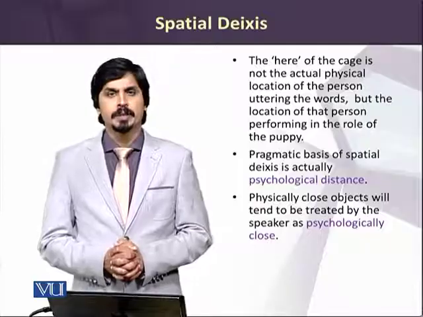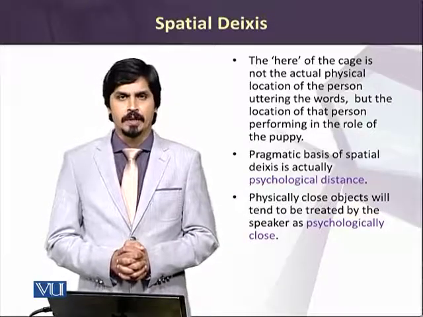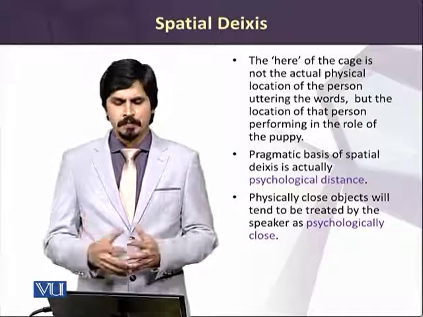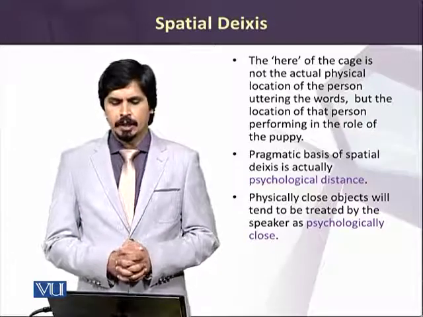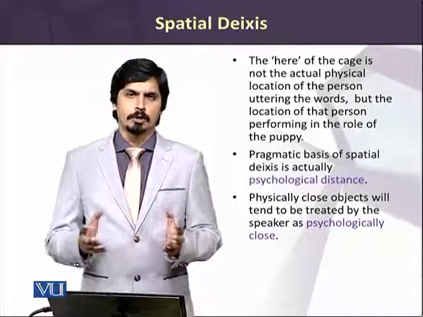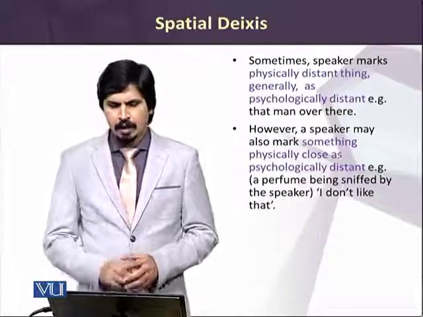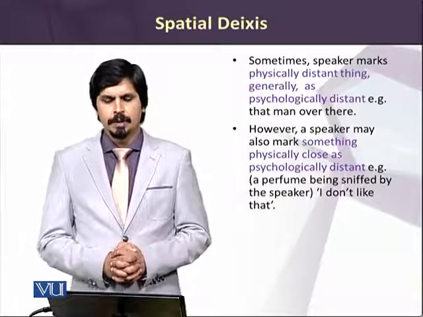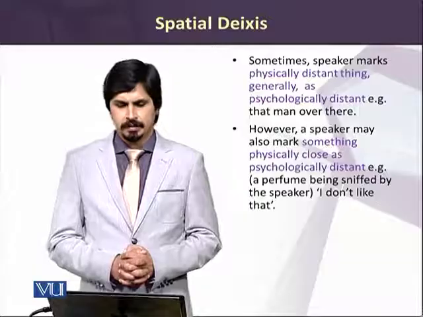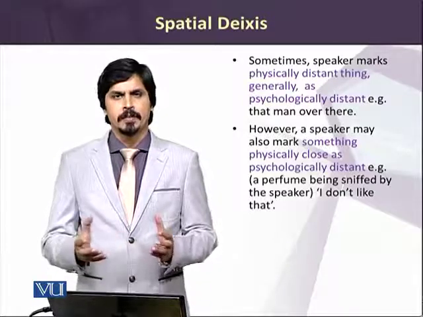The pragmatic basis of spatial deixis is actually psychological distance, where one feels one to be. A physically close object will tend to be treated by the speaker as psychologically close also in most situations. Therefore, the speaker marks physically distant things generally as psychologically distant things.